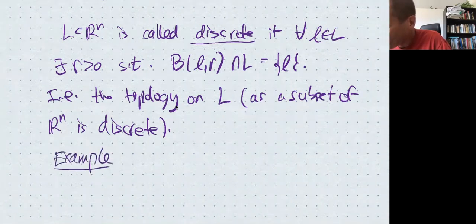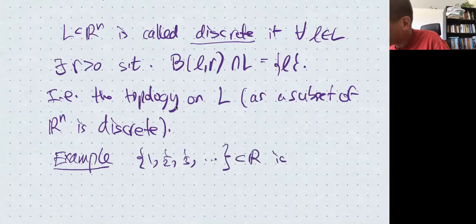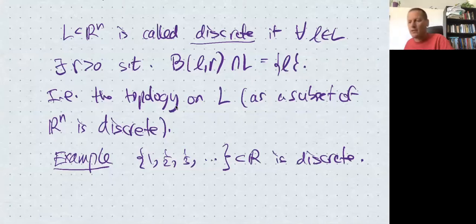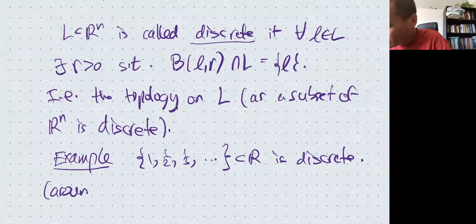According to my definition, if you take this set as a subset of R, this is discrete. Because at any point in this collection, so around 1 over n, take R to be, definitely 1 over 10 n cubed will work.